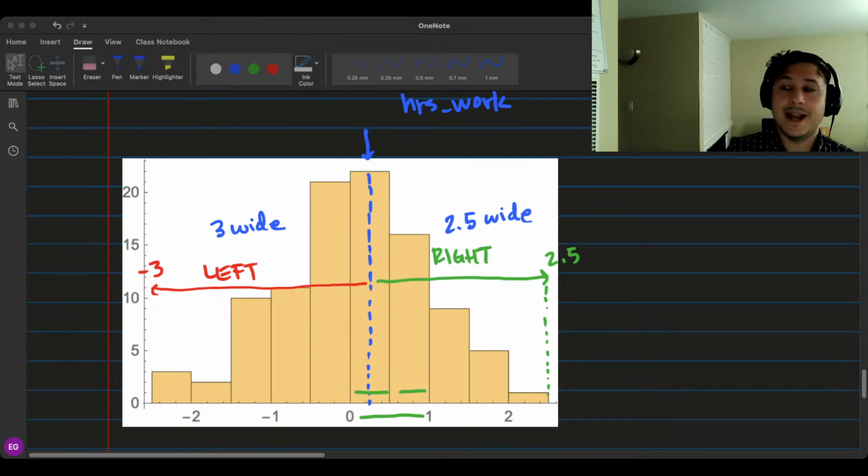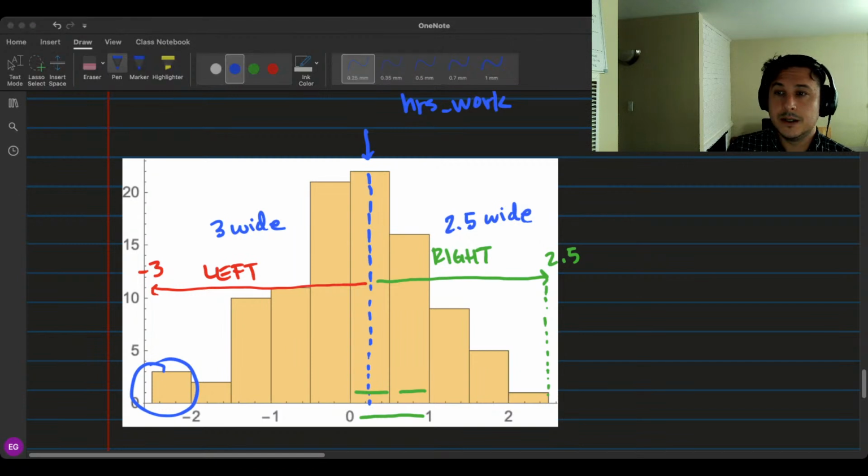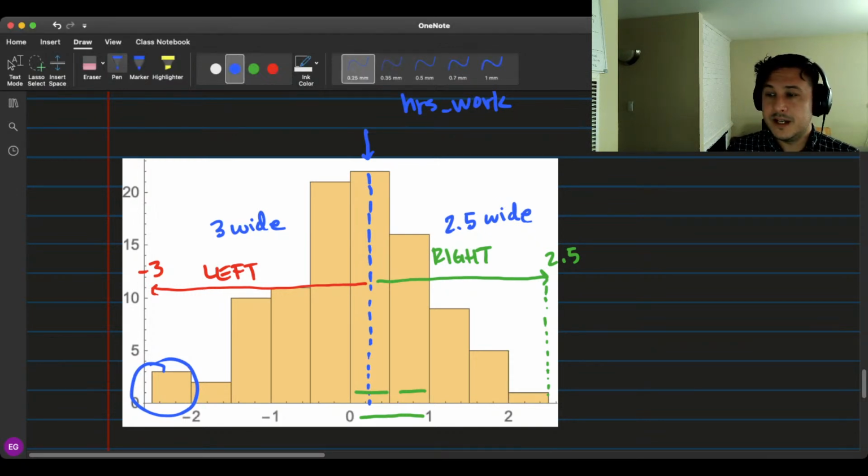Yes, do we see an outlier here? Is this last bin an outlier? For it to be an outlier, what would you have to see? Yeah, is there a gap there? No. So this is not an outlier.